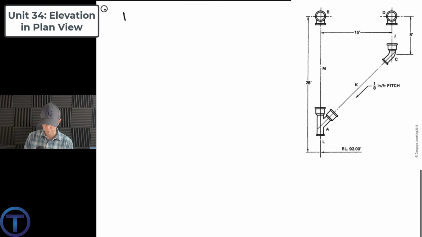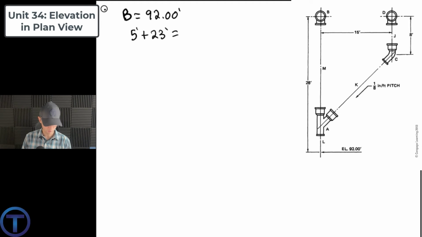All right, let's solve for B. Our elevation at B. B is going to be all the way up at the top by the 90. So we're coming straight through. And our starting elevation again is 92 feet. What is the total distance it travels? Well, we calculated L was 5 and M was 23.